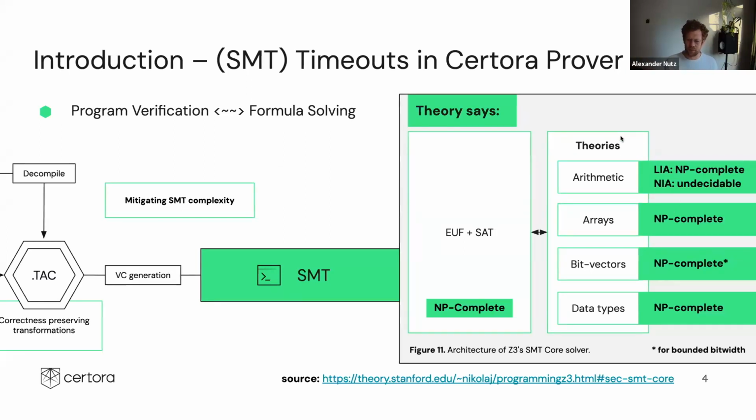So NP complete, if you haven't heard the term, I'm going to be very pragmatic and translate it to exponential, or worst case exponential. And exponential, people think about it as soon as your problem gets just a little bit too big, you get into run times that are totally unacceptable, like 100 years or, I don't know, to the end of the universe or something like that.